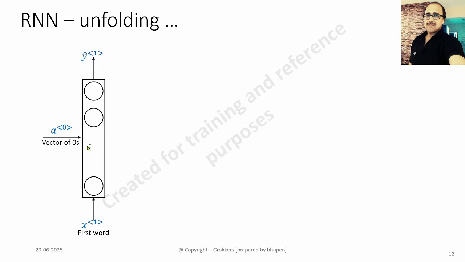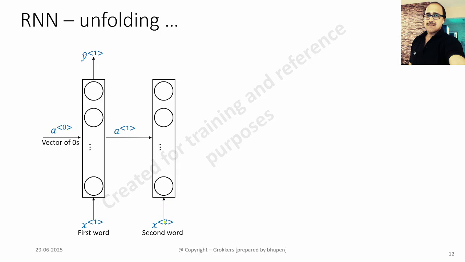So this box that you see is the RNN cell, and the activation, or rather the memory, is going to be computed in a sequential manner. And the next cell will get the next word in the progression and the corresponding output.